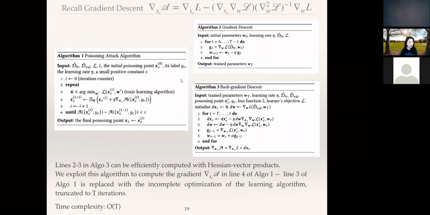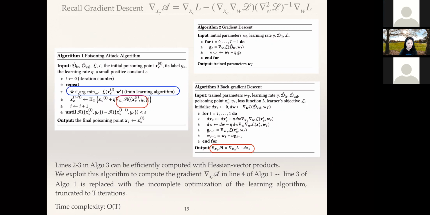Now, a naive way of doing that, the naive back gradient optimization: instead of solving what's in the blue box, you use some kind of T-step update. The naive one would be algorithm 2. Instead of solving the argmin, it just runs gradient descent for T times.